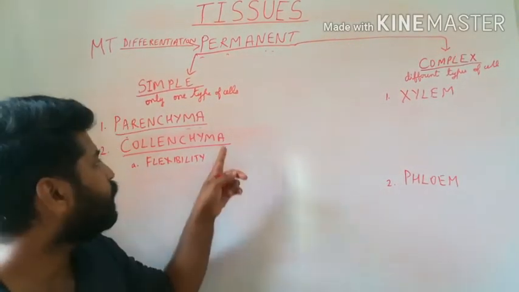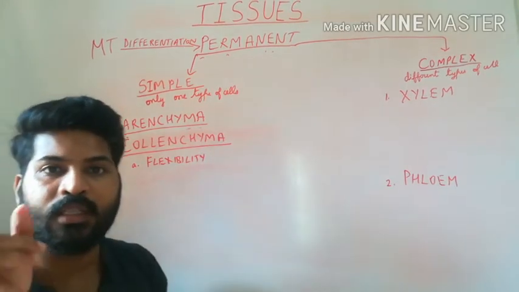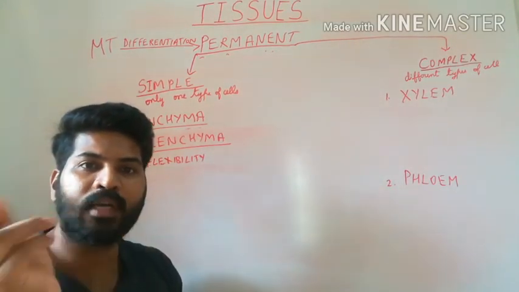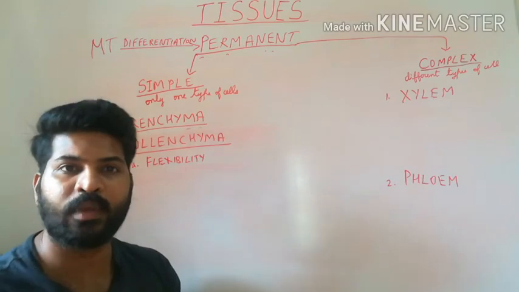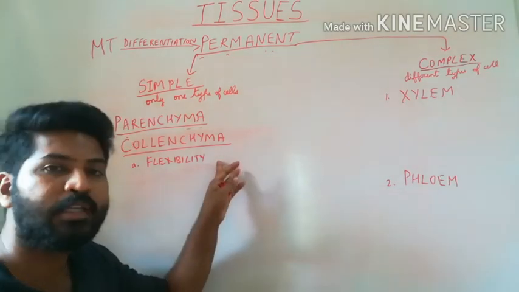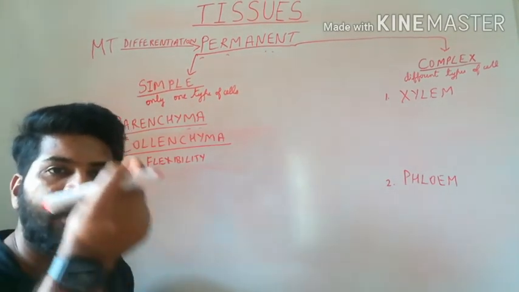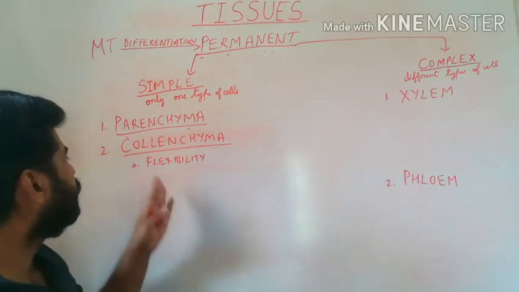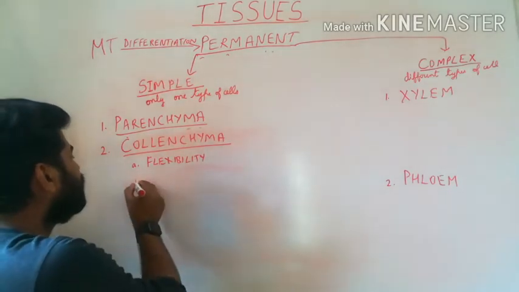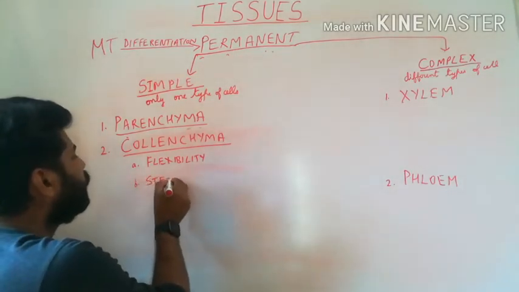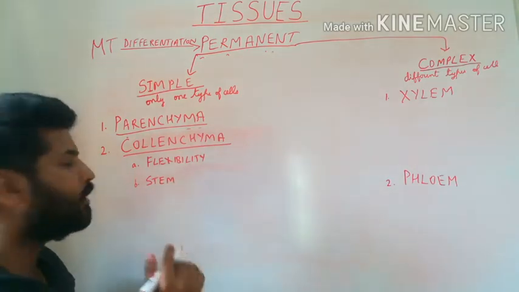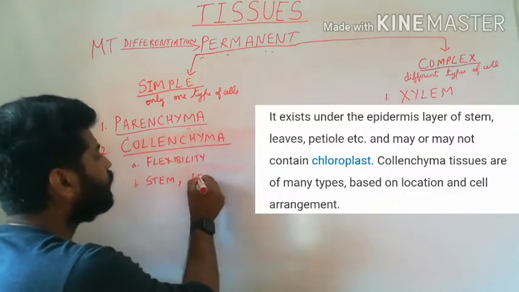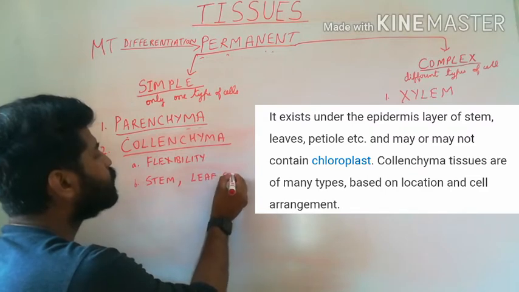This is because of collenchyma tissue. The leaves flutter in air. That is because of the collenchyma tissue present in the stalk of the leaf. So, we find collenchyma tissue on the stems, which helps them in bending, and also in the leaf stalk.